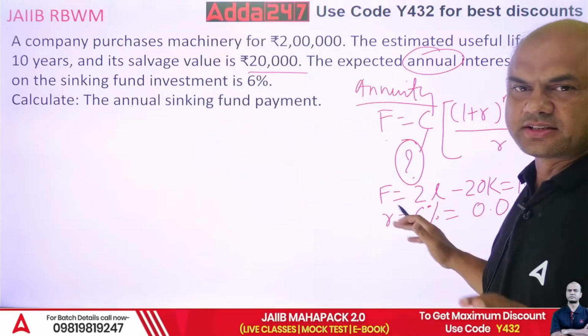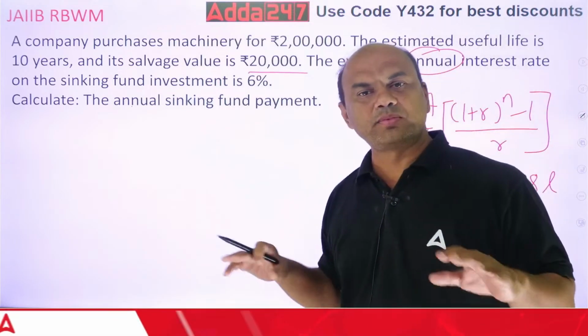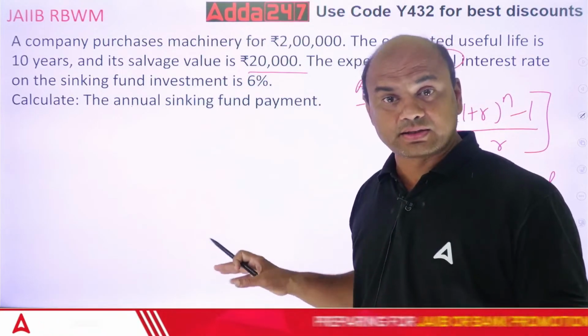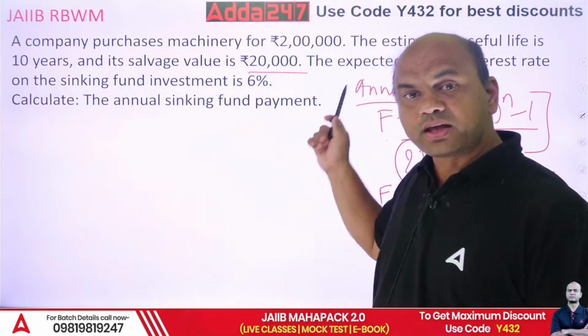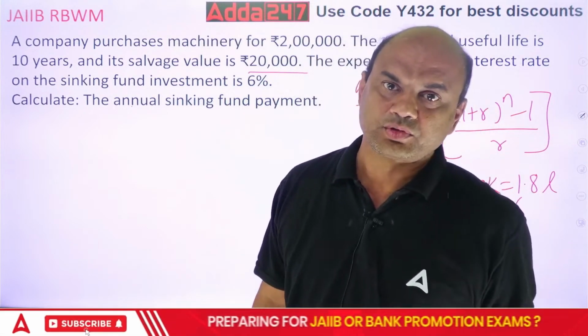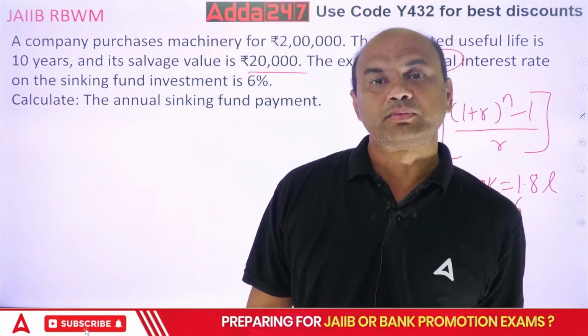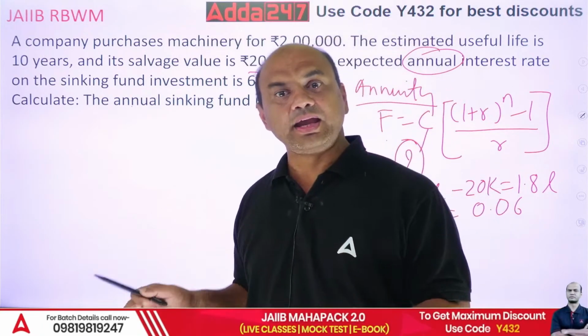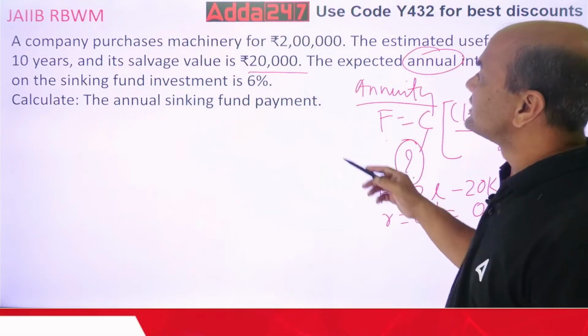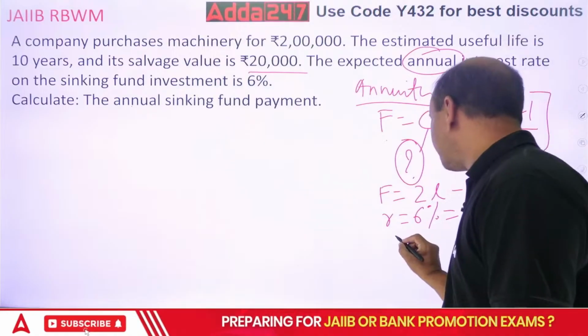You will keep it as it is. You will not divide it by 2, 3 or 4, or by anything. If they are asking you quarterly, then you divide it by 4. Here you will not divide it by anything. So R is the same, N will also be the same. So what is N then? N equals 10 years.